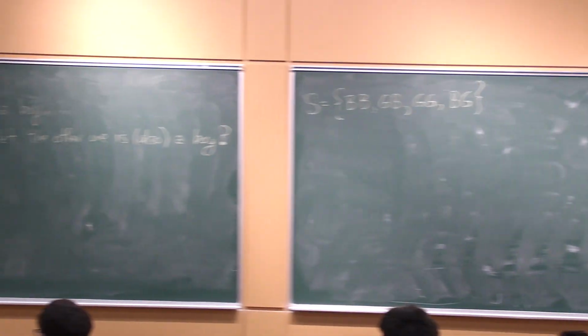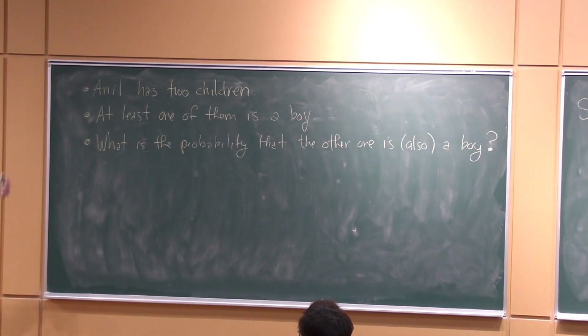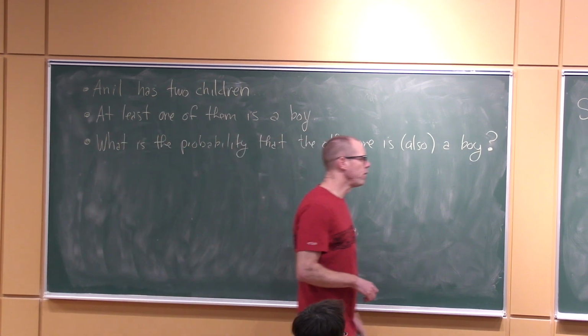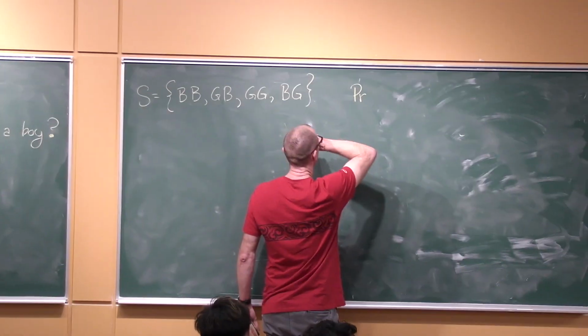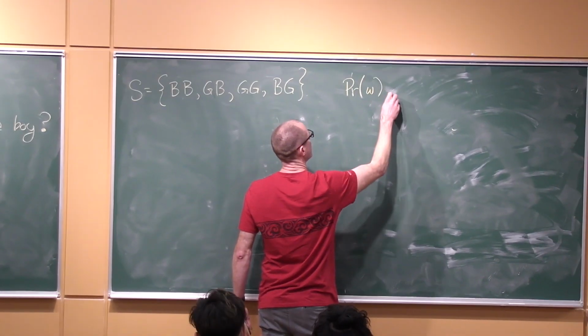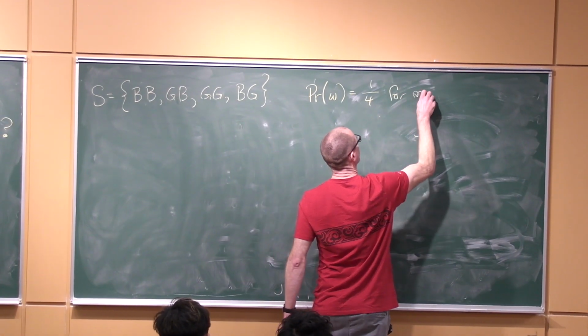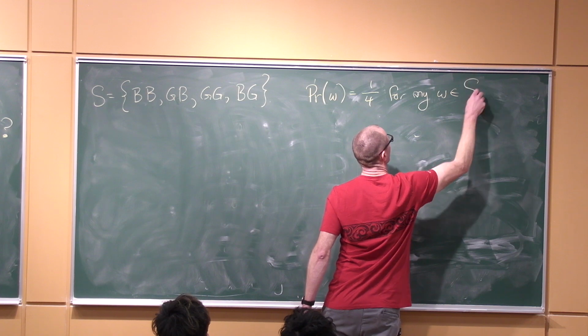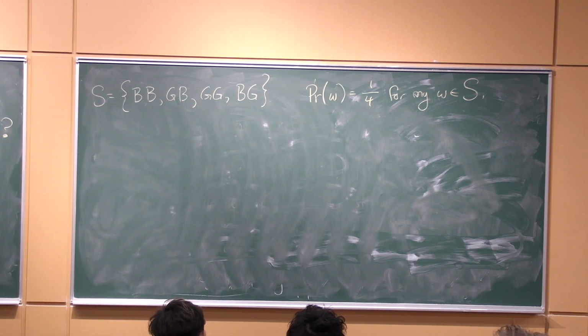Yeah, so I'm saying at least one of them is a boy, but without knowing anything first, when I say he has 2 children, that's what the space looks like. Okay? And with our assumptions about everything being uniform, the probability of omega is 1 over 4 for any omega in S. So each of these is equally likely, 1 over 4.